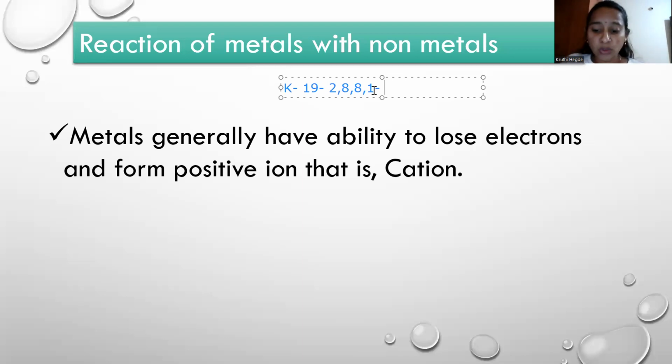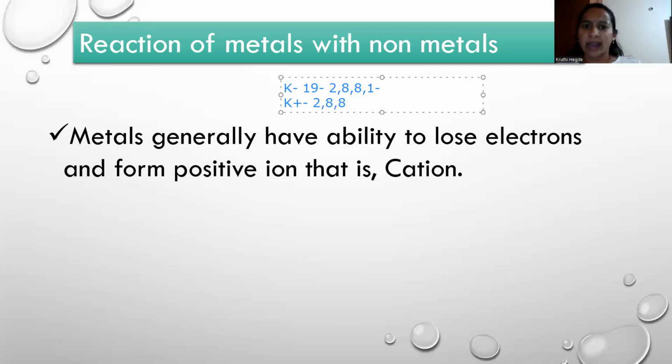So after losing the electron, it forms K plus, with the electronic configuration 2, 8, 8, which is stable. 8 electrons in the outer shell means a stable electronic configuration. So like this, metals generally form cations. Cations are positively charged ions.